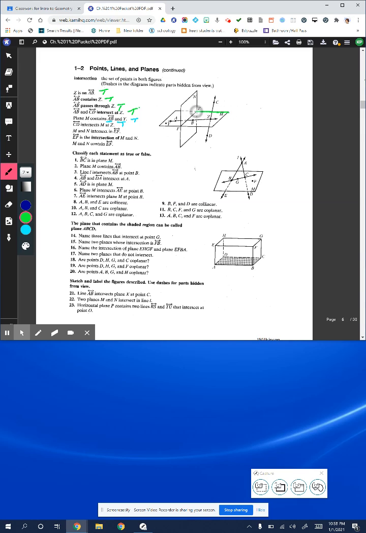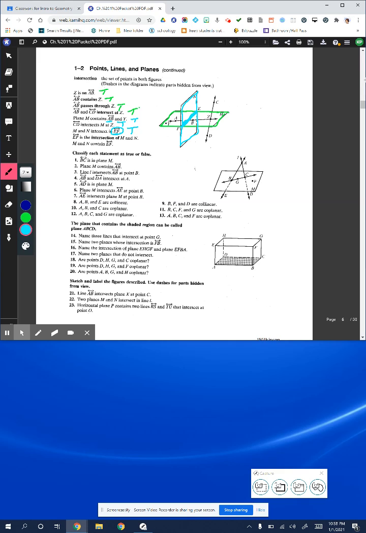Plane M right here, and plane N. Let's find plane N. Here's my N. If I put these two planes and I make the vertical one go right through the horizontal one, like cutting a slit and putting a piece of paper down through another sheet of paper, it says that those two planes intersect at line EF. Let's see. Yes, they would come together right here at EF. All right, that is true.